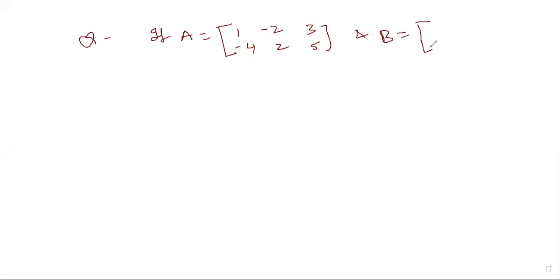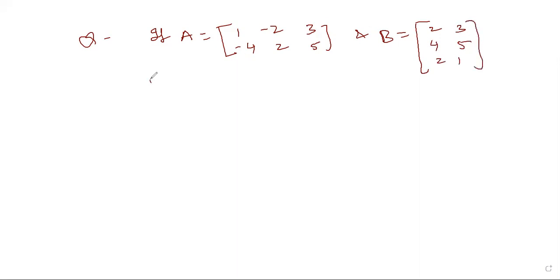Now we have the question. If A is equal to 1 minus 2, 3 and minus 4, 2, 5, and matrix B is 2, 3 first row, second row 4, 5 and 2, 1.